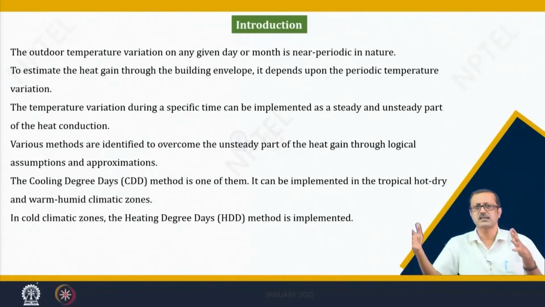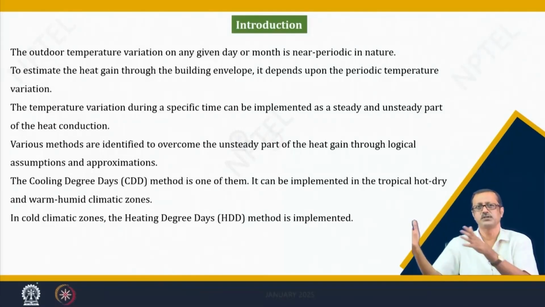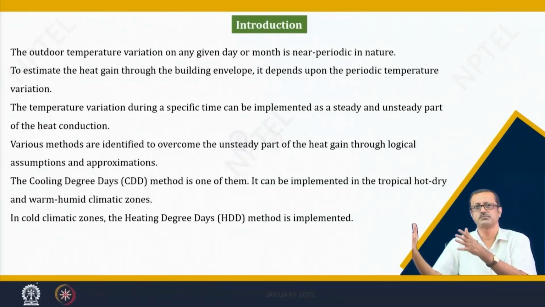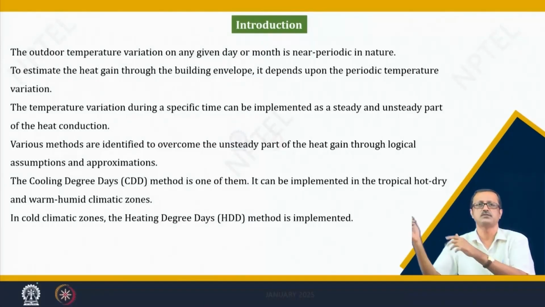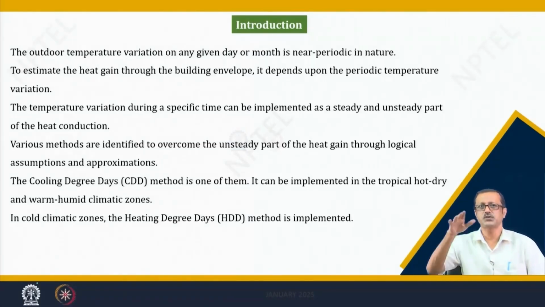But maybe there is a slight difference after certain changes in the weather condition, and also during the change of season from summer to autumn, from autumn to winter, there will be slight changes and gradually that periodicity is going to change, and the amplitude is going to change.